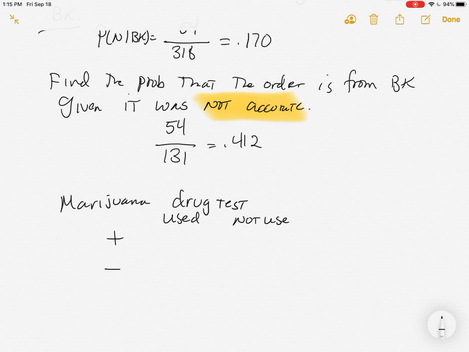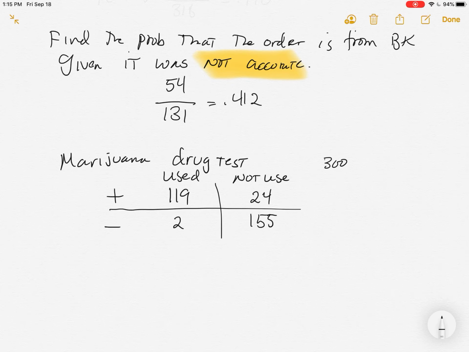And so the test was right 119 times when somebody used and was wrong twice. When somebody didn't use, it was wrong 24 times but was right 155 times. Because if they don't use, they should have a negative result. And if you remember, there were 300 total people here. Well, we're never going to see that 300 used if we have conditional probability.